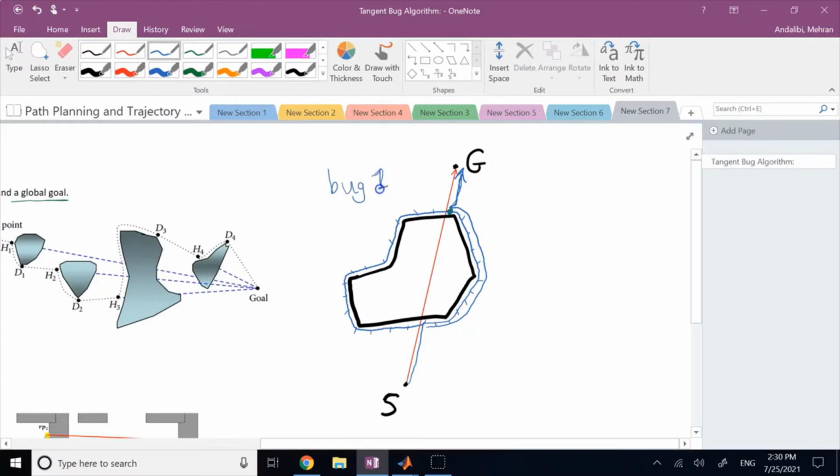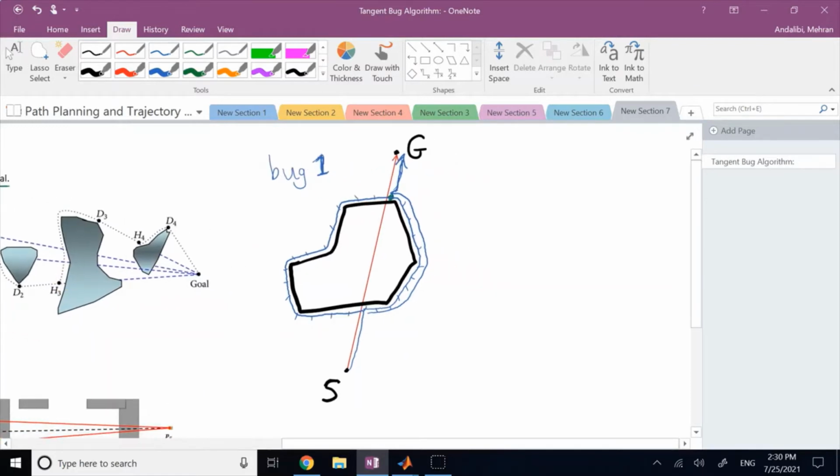There is a Bug 2. Bug 2 is kind of more similar to tangent bug. So what you do in Bug 2 is, if I can copy this, there we go, and I can put the goal back at the same relative position, and the start again at the same relative position.